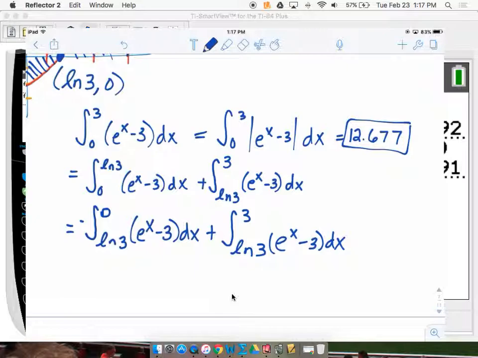If you put the negative out front, and then you type it in like the rest of that, you don't get the same answer. I got 10.0855. So I think we did something wrong.